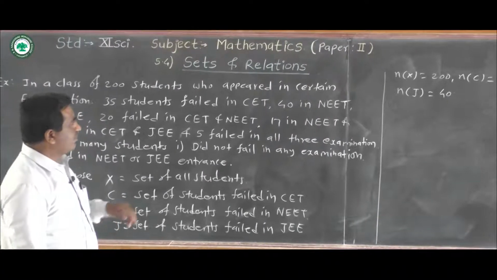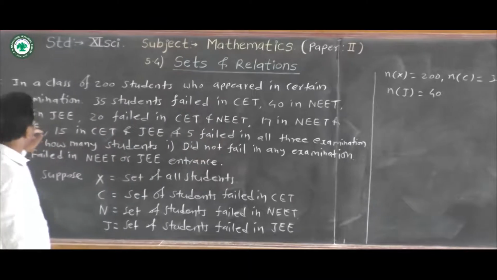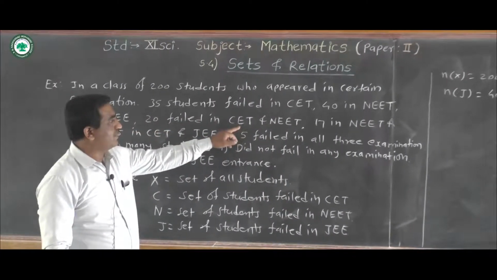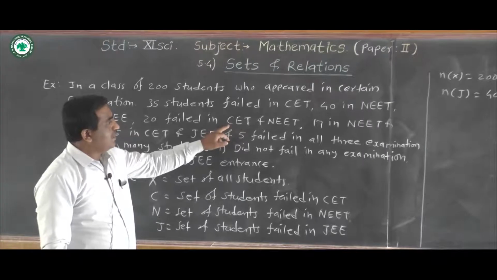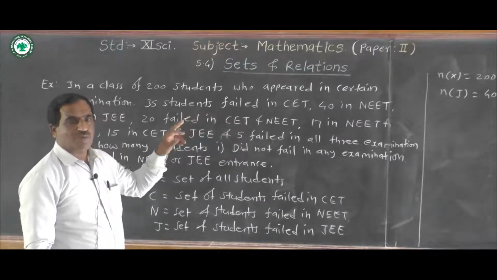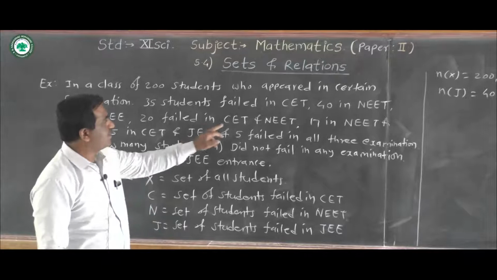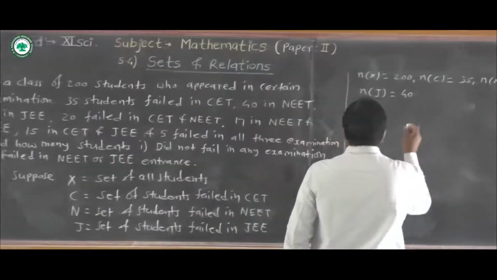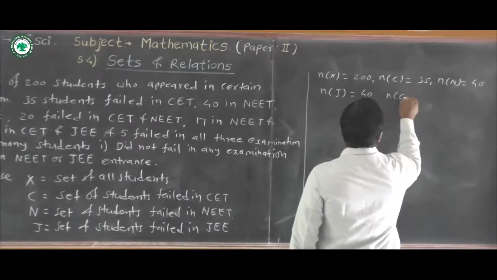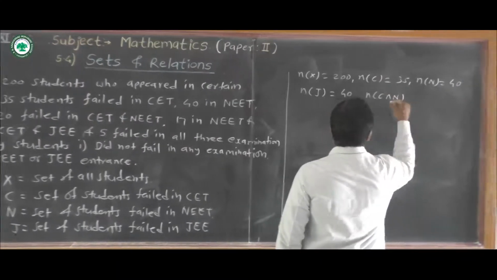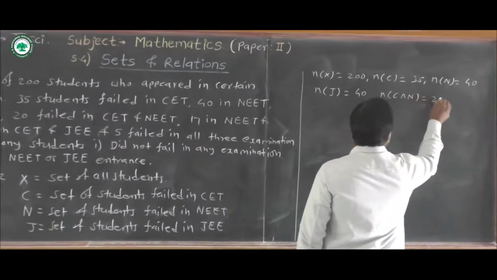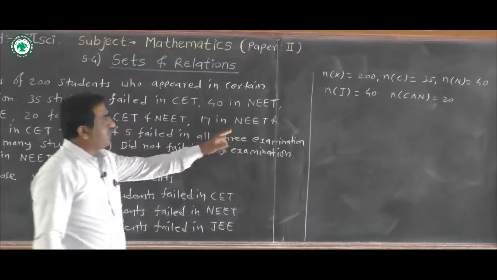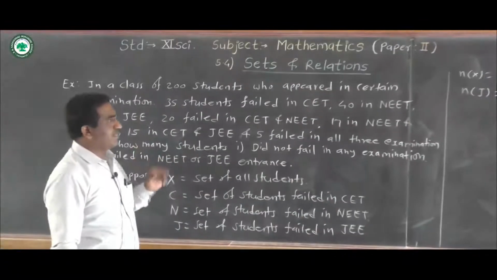Also we are given 20 students failed in CET and NEET, that is C intersection N is the set of students who failed in both examinations CET and NEET. Therefore we can write number of C intersection N is equal to 20. Also given 17 students failed in NEET and JEE examination.